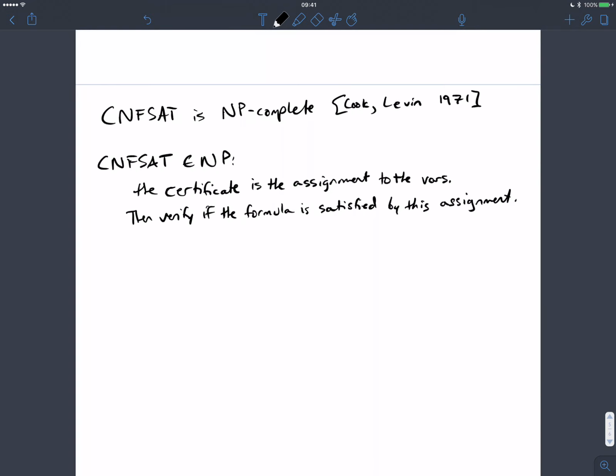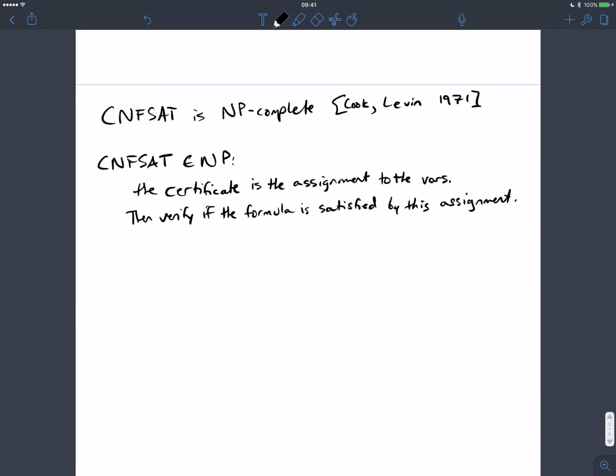So the assignment is the proof, right? If the assignment that's given to me makes the formula false, then I just say, no, that certificate is wrong. I'm proving that the certificate given to me, in this case the assignment to the variables, actually does make the formula true. Okay? So we now know it's in NP.